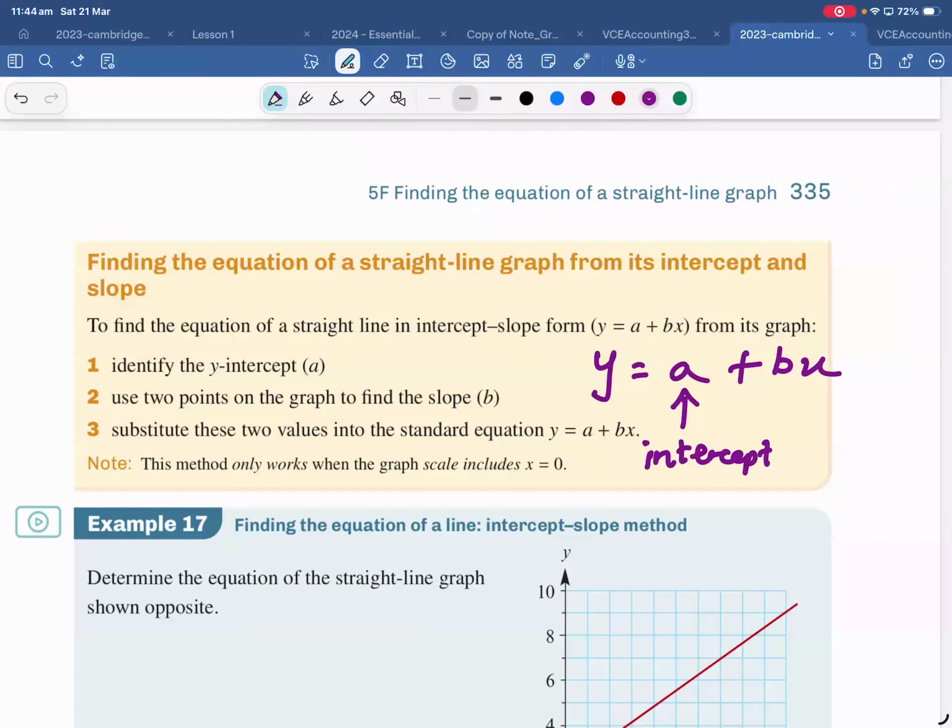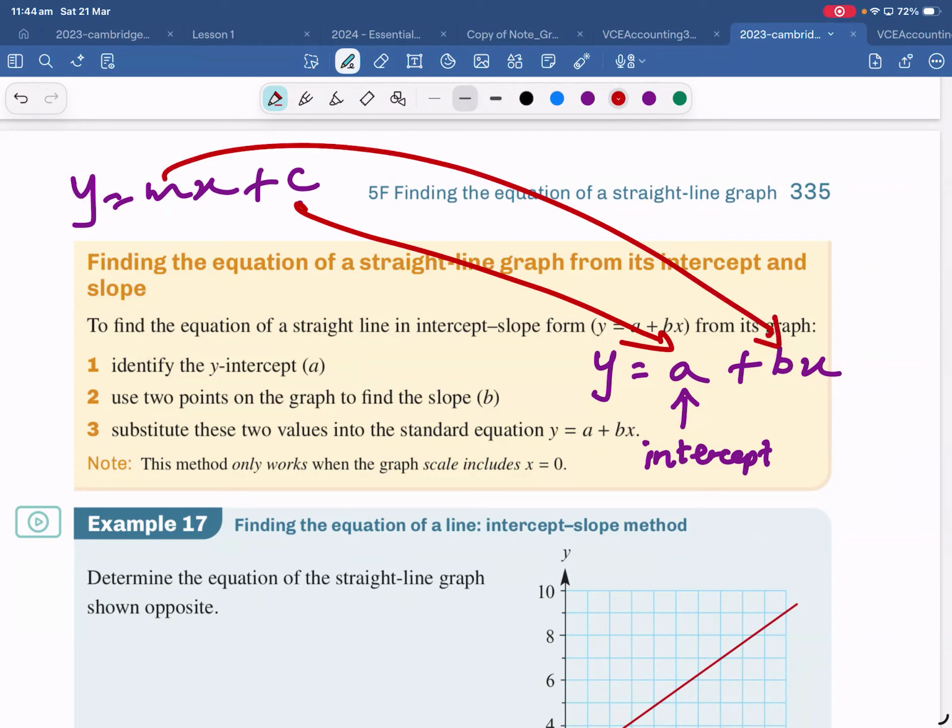What you learned in Year 10 maths, y equals mx plus c, is the same thing. So c is the intercept, but in this case we are saying it's a. The c has become a, and m has become b. The rest is the same. So intercept is a.